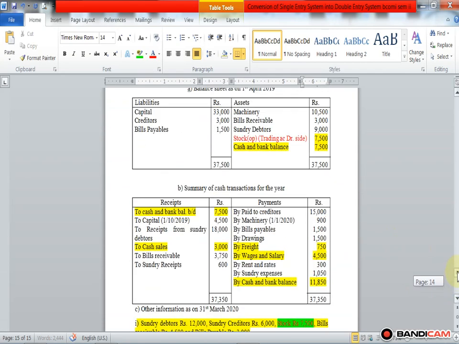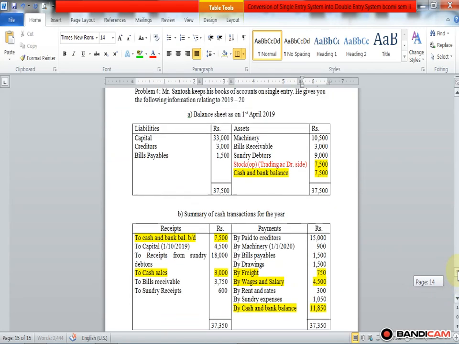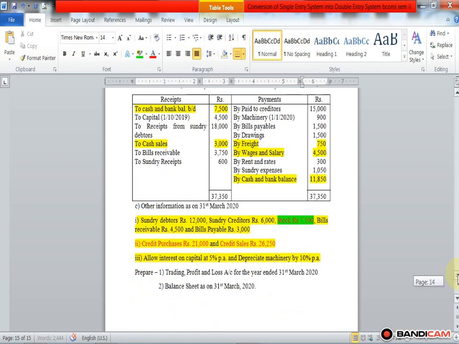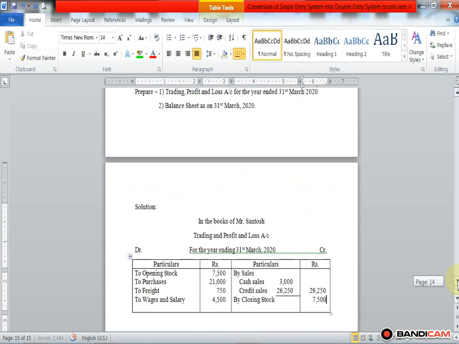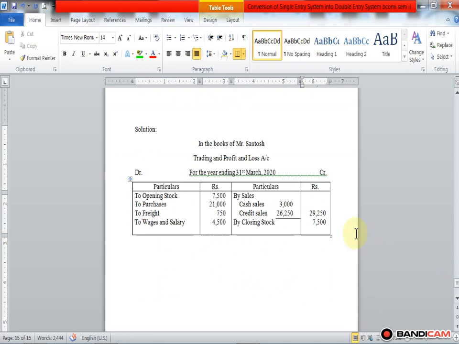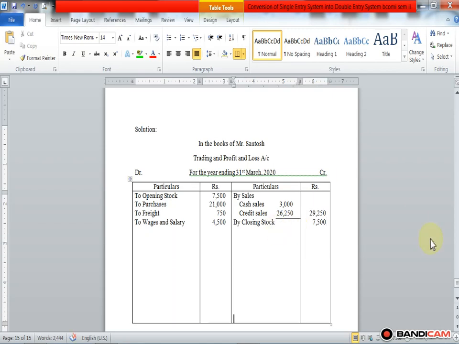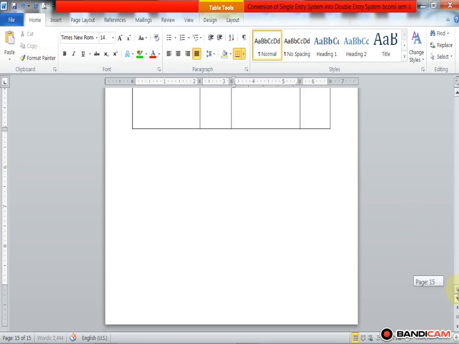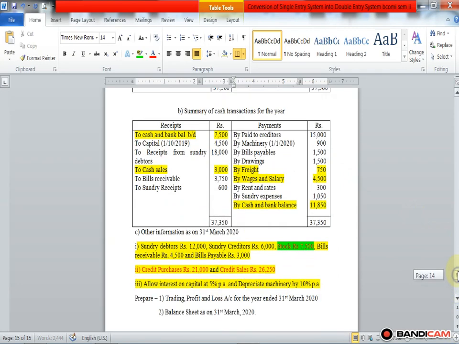All items related to trading account are transferred. Now we prepare the profit and loss account and balance sheet. Now we prepare a balance sheet.